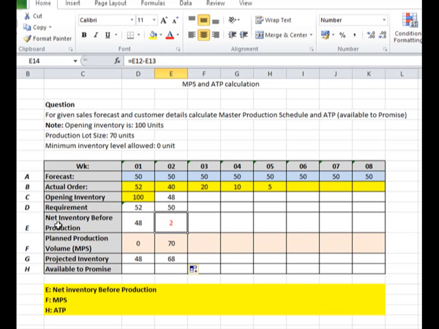We can see that the net inventory level was less than 0, that is negative 2. So we have derived a formula there: if it's less than 0, then we'll have to go for a production cycle. So we produce 70 quantity, then the projected inventory after all those things is 68, that is, we are left with 68 parts. So let's go for further weeks.